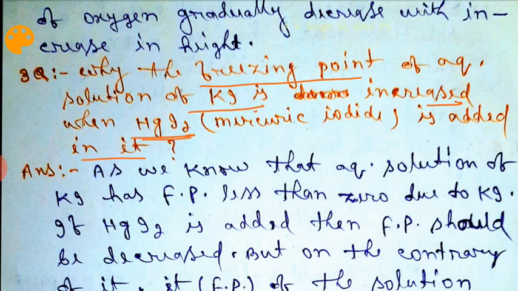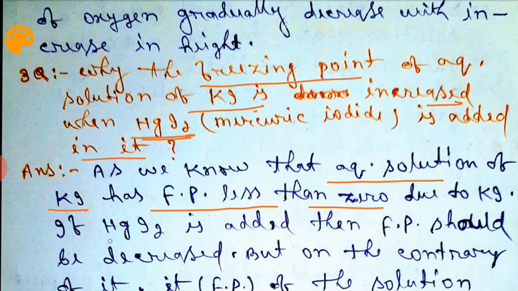See the answer seriously. As we know that aqueous solution of KI has freezing point less than 0, because water freezes at 0 degree Celsius, but aqueous solution of potassium iodide freezes at less than 0 degree Celsius and KI dissociates completely.